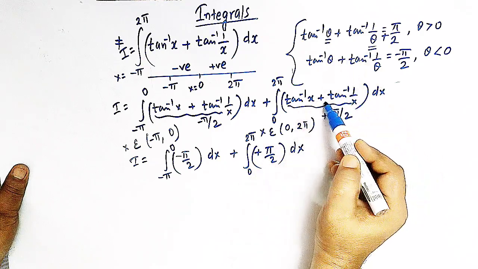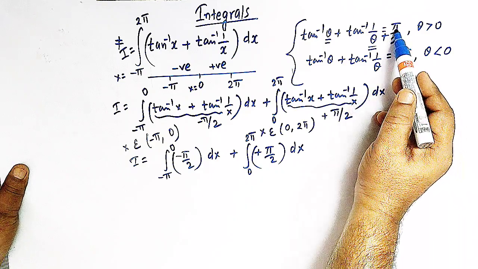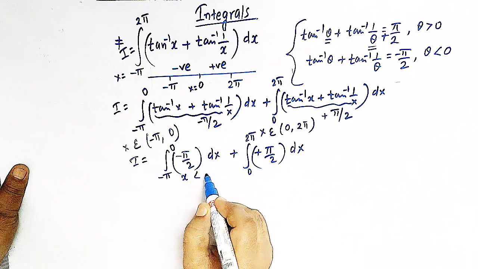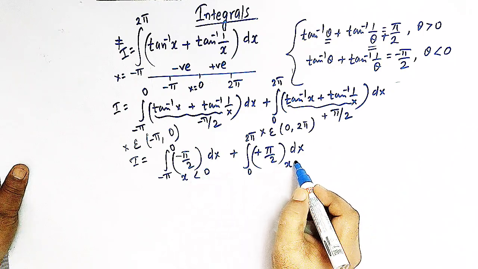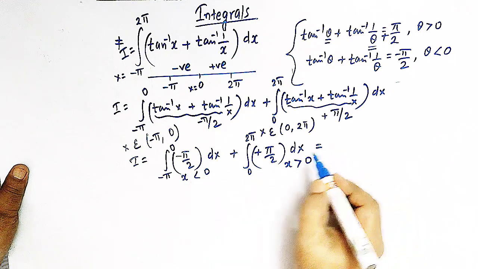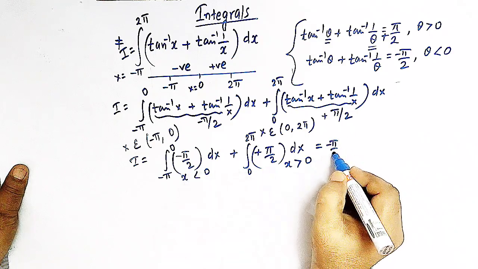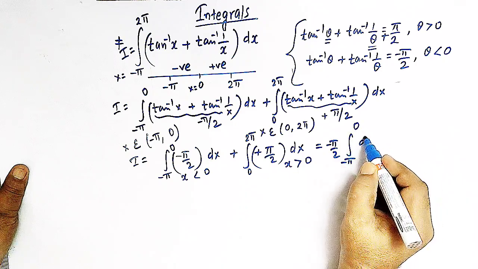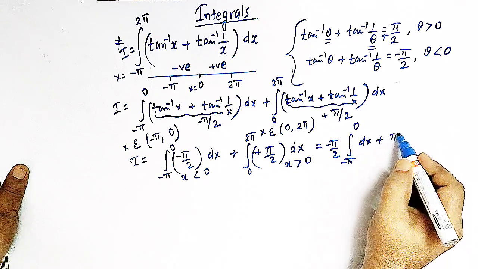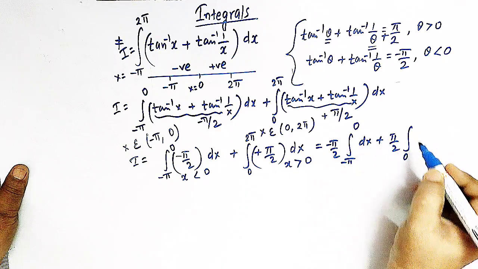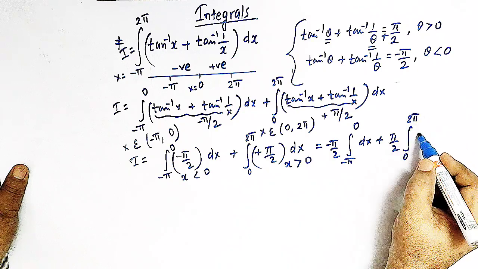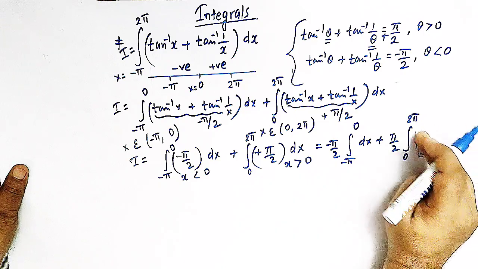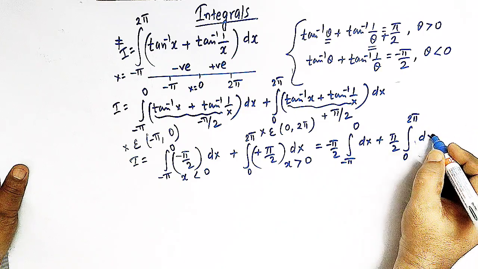So tan inverse x plus tan inverse 1 over x is equal to pi by 2, because here all the x are less than 0 and here all the x are greater than 0. So now we can write minus pi by 2 and integral from minus pi to 0 dx, and then here we have pi by 2, 0 to 2 pi, and here we have simply dx, right?